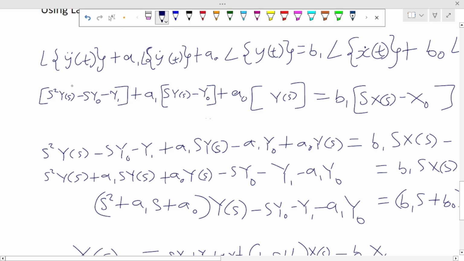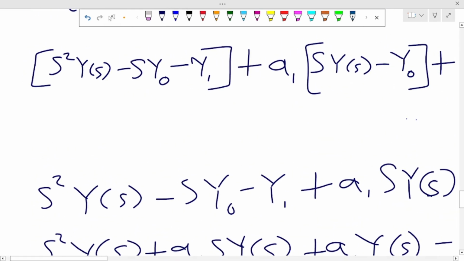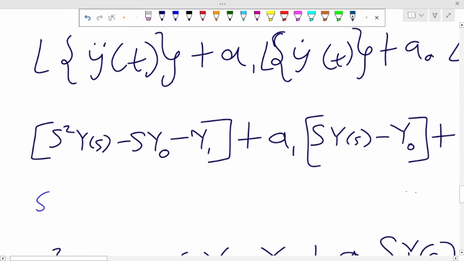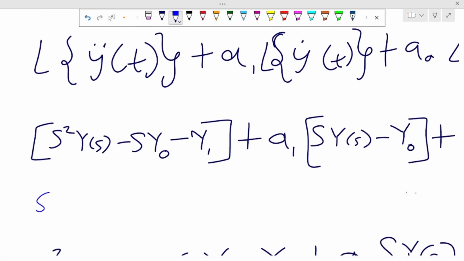So you start by saying S. How many dots you have on top there? 2 dots. So you have S raised to the power of 2, and then Y, which now becomes Y of S, because we are going to the S domain now. This is the first term.